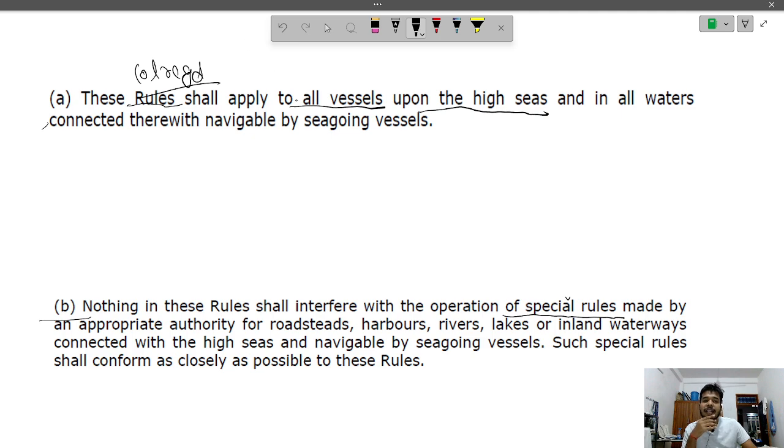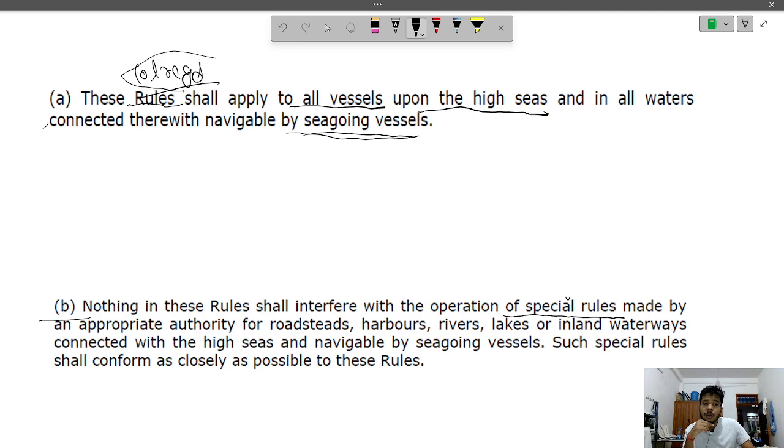The meaning of all the vessels is any vessel which is sailing upon the high seas, and the meaning of the high seas is international water, which you can say is beyond 200 nautical miles from our territorial boundaries. And in all waters connected with the high sea, where seagoing vessels navigate, these COLREGs will apply.